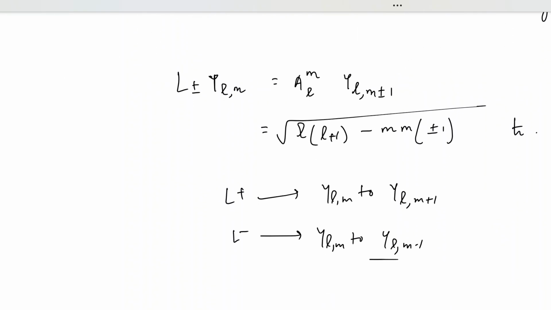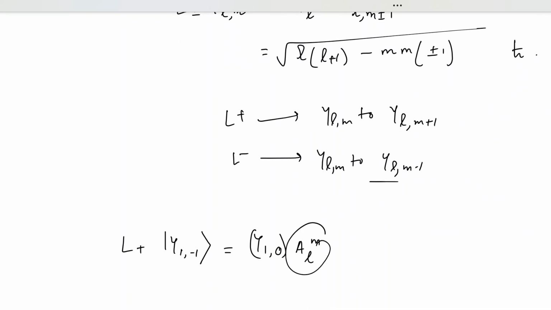Now you know that if this is the definition, then L plus acting on Y1 minus 1 will give you Y10 with some coefficient factor, right? So what will be this factor? This Aml factor is root over of L into L plus 1 minus m into m plus 1, where here L equal to 1 and m equal to -1.